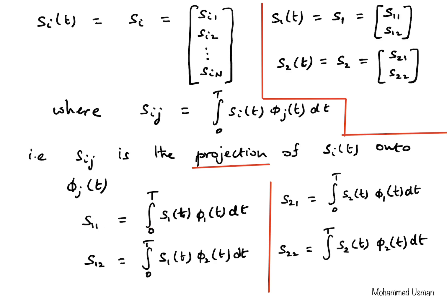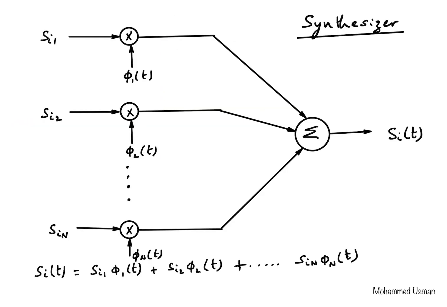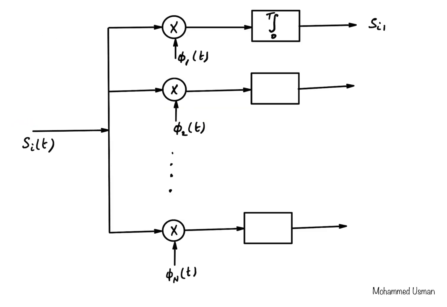In general, any Sij is Si of t into phi j of t integrated from 0 to t, and that is exactly what we are depicting here. So when we integrate, we get Si1.